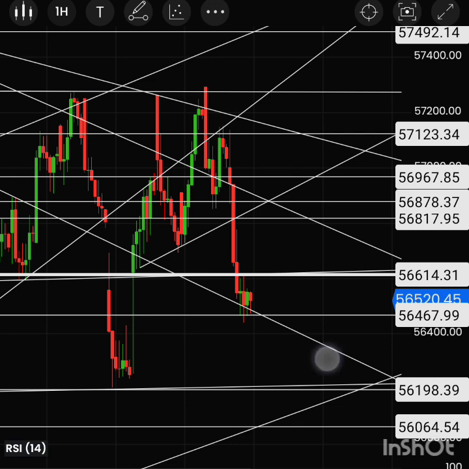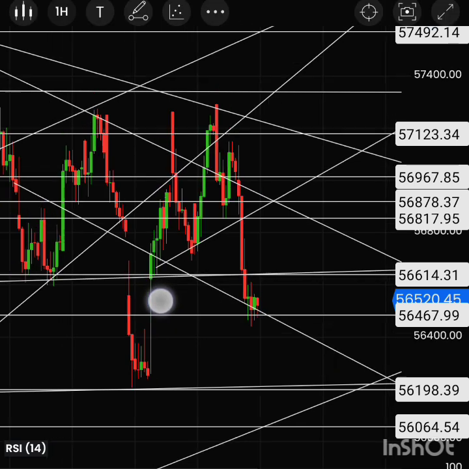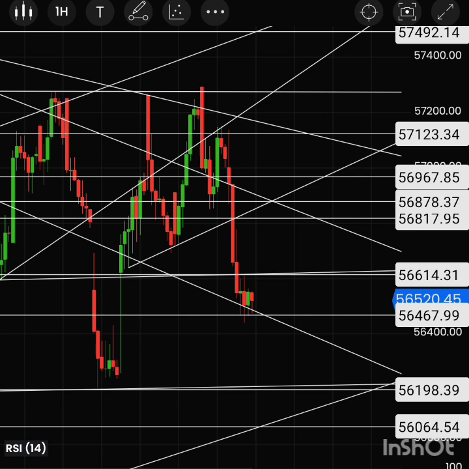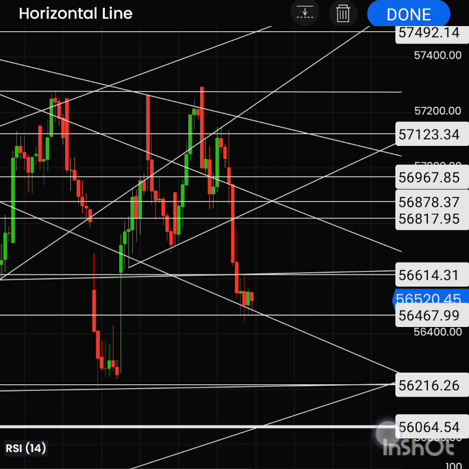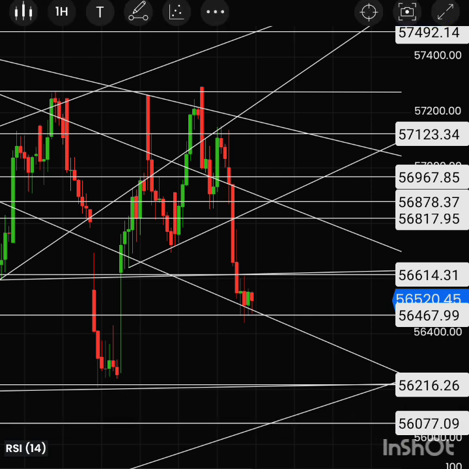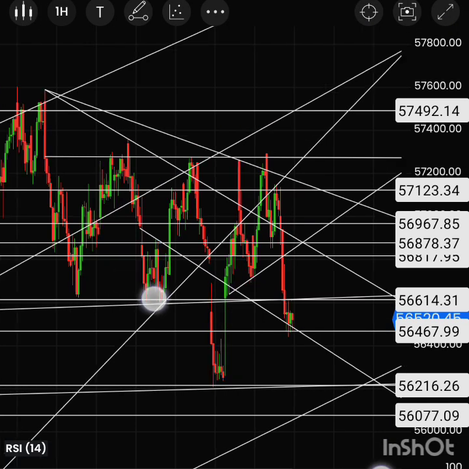This is a small support, and it's not a sustainable one. You can see that the next support is around 56,220 to 200 range. Below this one we will have a support around 56,000 to 56,070 range. That is a little strong one. If we do not hold this support, then we will have a big fall in coming days.